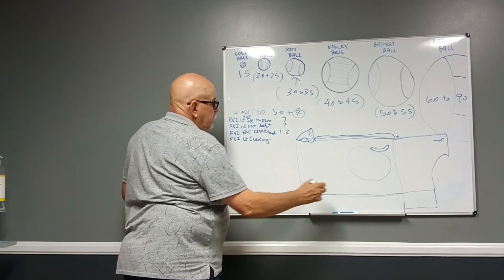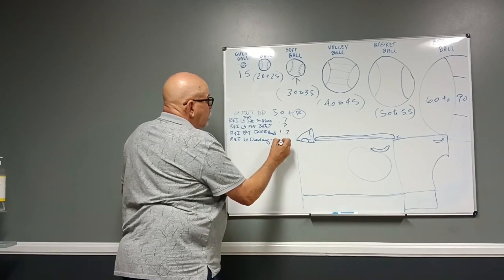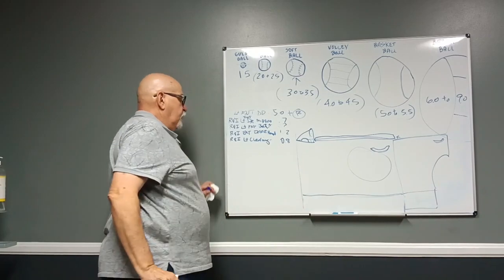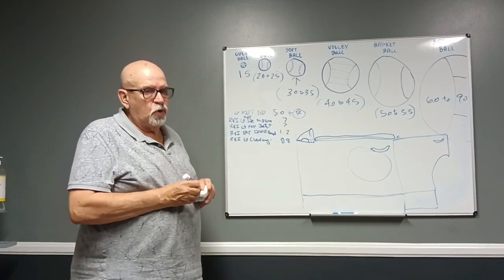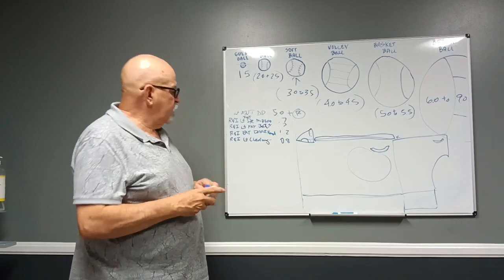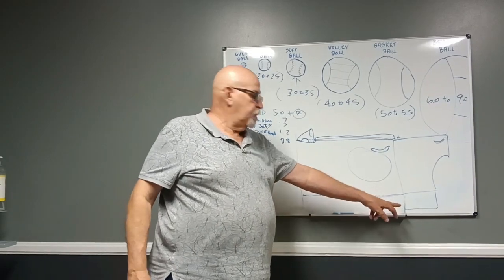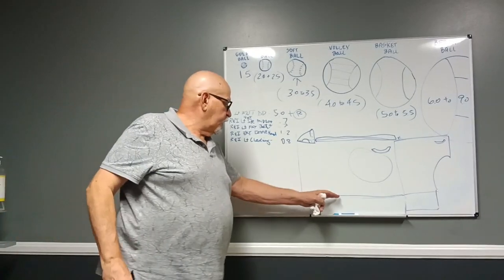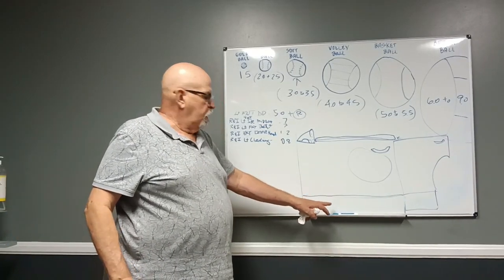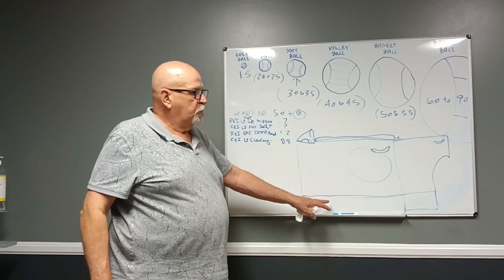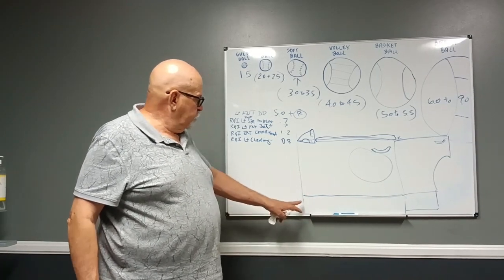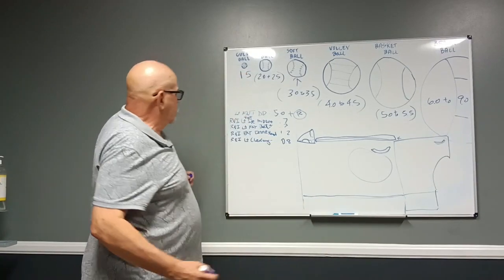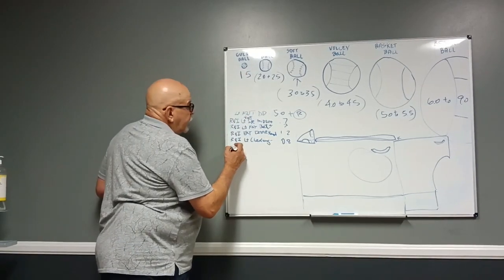But these claddings have issues, so let's just say it's 0.8 to remove it. But here's what's going to happen. In your estimate, every single one of these clips, once you take that cladding off, they're going to break. So in order for you to take that cladding off, these little clips will break, and it happens to have, for this cladding, let's just say, 9 of them, 9 clips. So replace clips for the cladding.